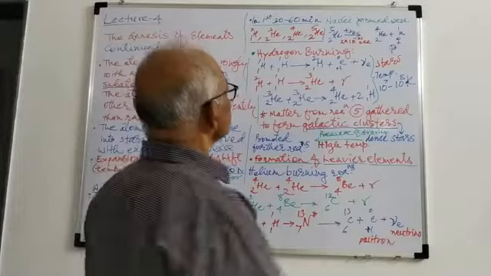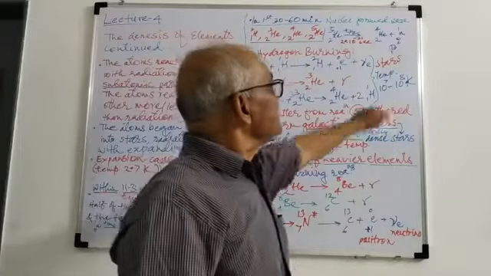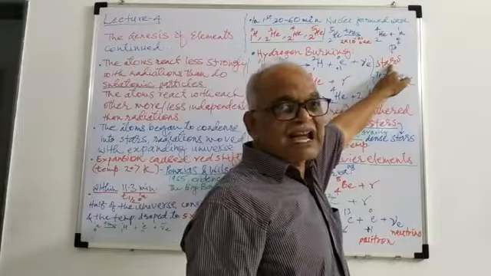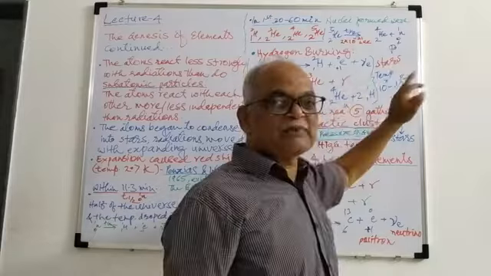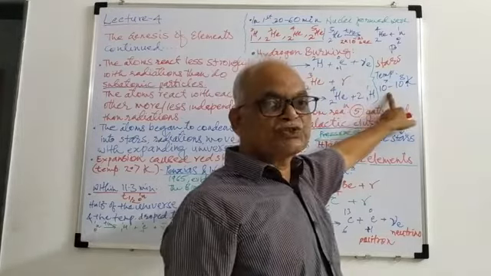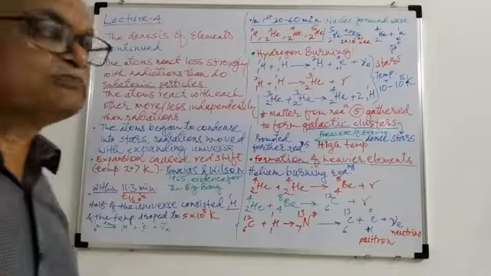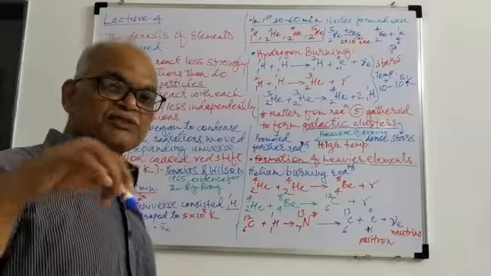These three reactions take place in various stars formed at that time, and the temperature is 10 raised to 7 to 10 raised to 8 Kelvin. So the temperature is still high.